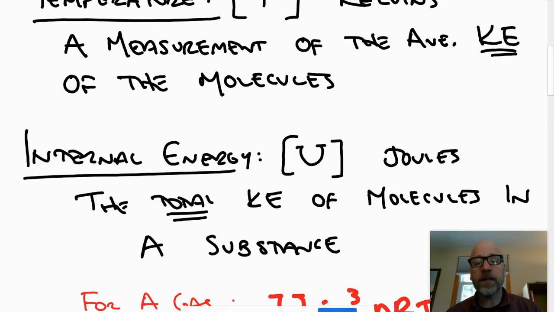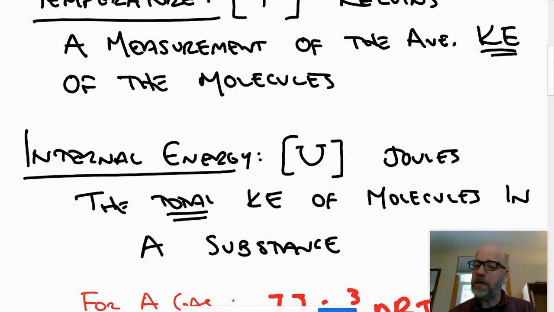Lastly, internal energy. U, this is the big one. This is the one that's really going to come into play with thermodynamics. We use the symbol capital U for internal energy of a gas. It's measured in joules, and it is the total kinetic energy of the molecules in a substance. That's different than temperature.